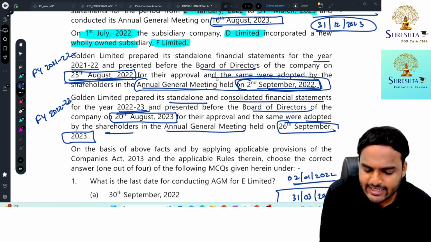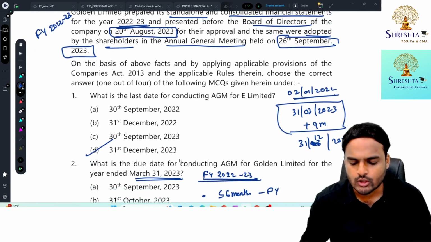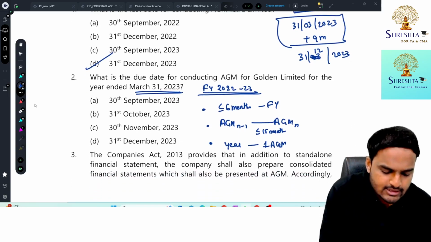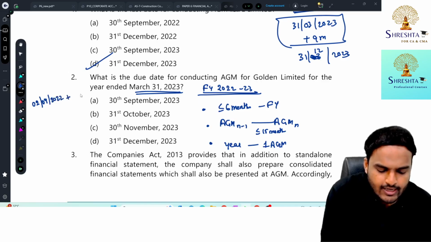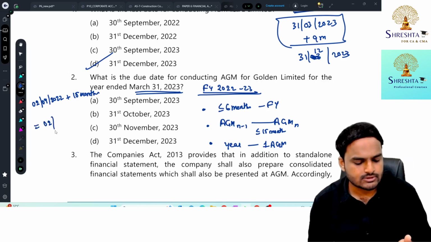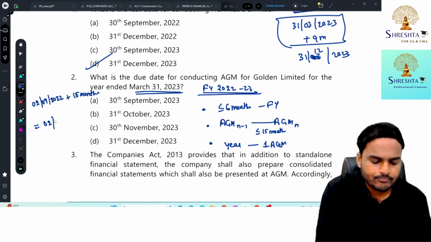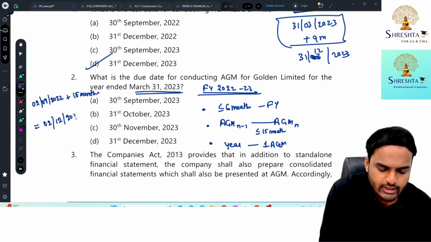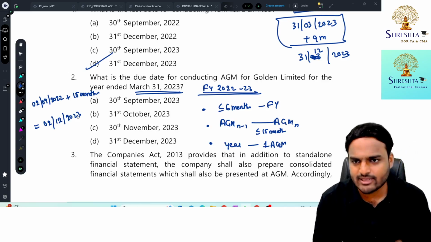AGM held on 2nd September 2022. So previous AGM date is 2nd September 2022. Add 15 months: October, November, December. 2nd December 2023. This is one time limit.